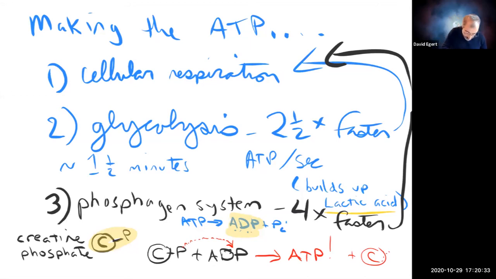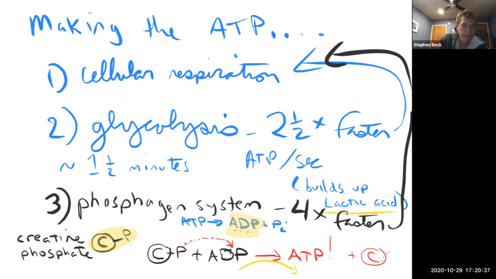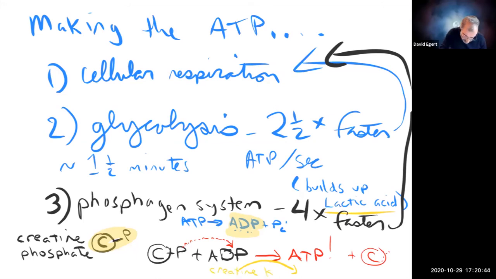What kind of enzyme do we use to transfer phosphate groups like this? Kinase. So we have a creatine kinase that does this. This enzyme will facilitate the transfer of a phosphate group from this creatine phosphate molecule, and in one step, we got new ATPs.